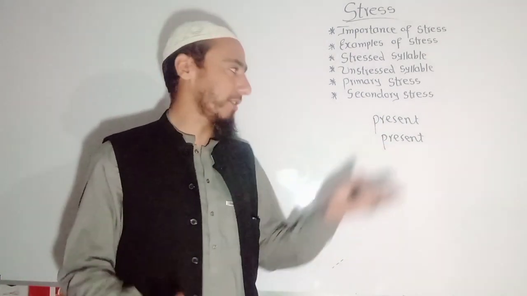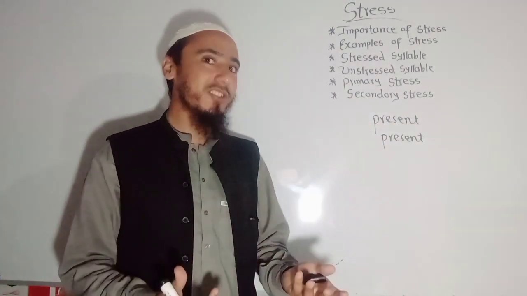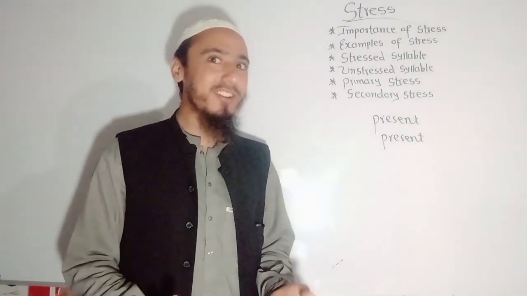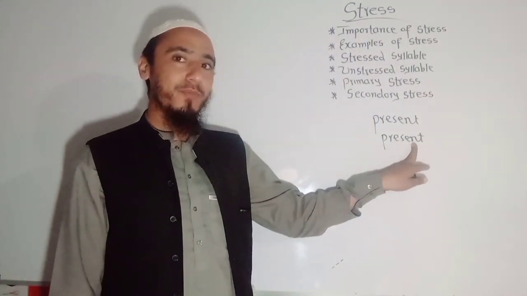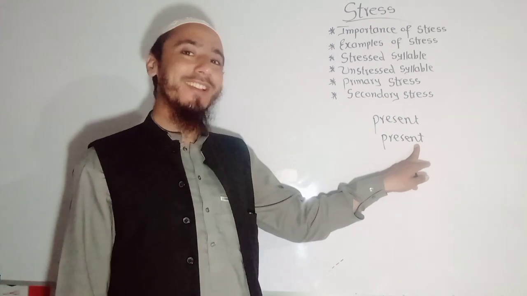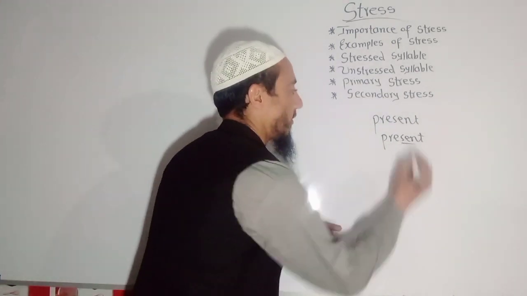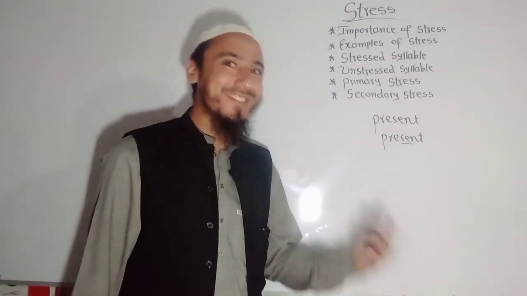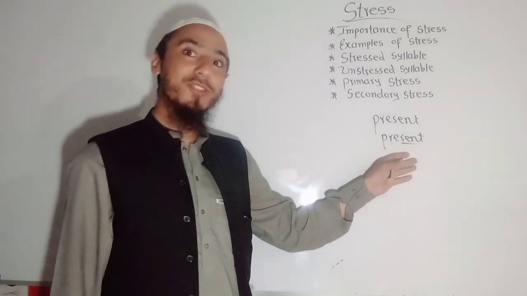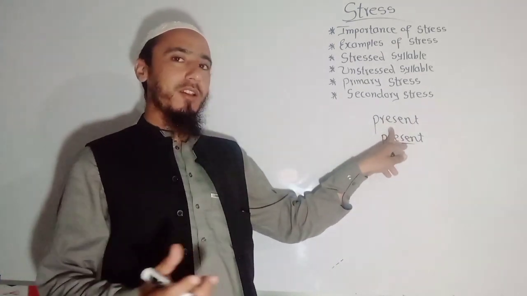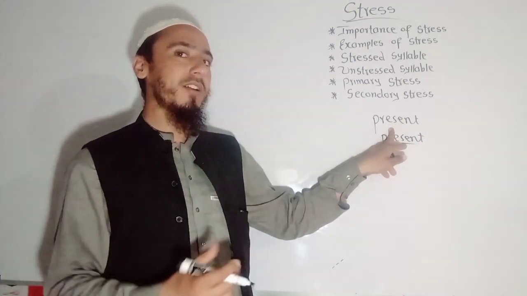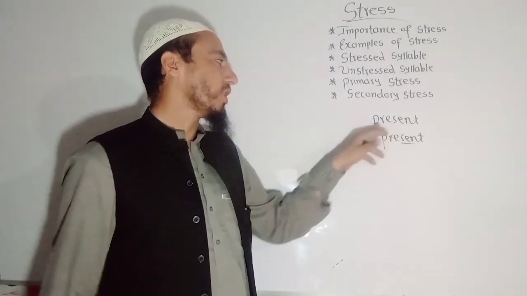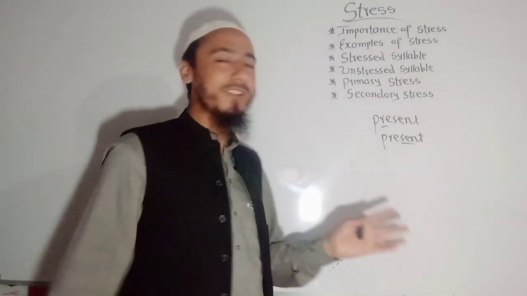For example, if I say, I presented a lecture, here the stress is on the next syllable. The emphasis is given to the next syllable, presented, and it is a verb. But if I say, he handed over a present to me, here the stress is on the first syllable.